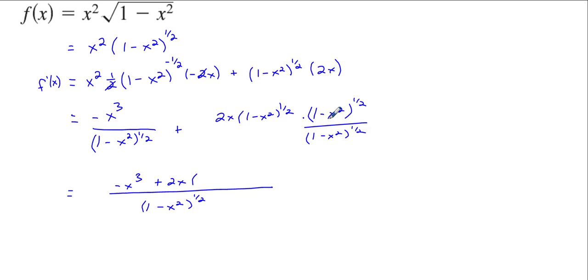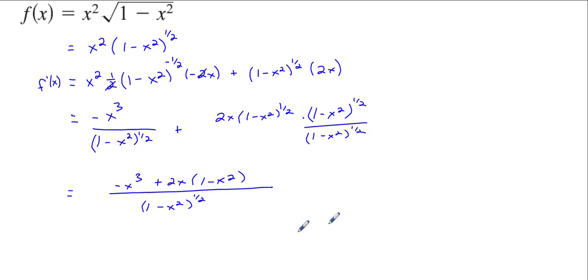What do you do with like bases when you're multiplying? You add the powers. So what's 1/2 plus 1/2? That'd be 1, right? Okay, so that'd be 1 minus x squared. The other way to think about this is a square root times a square root. What happens? You multiply the two square roots together, cancel with the like radicands.